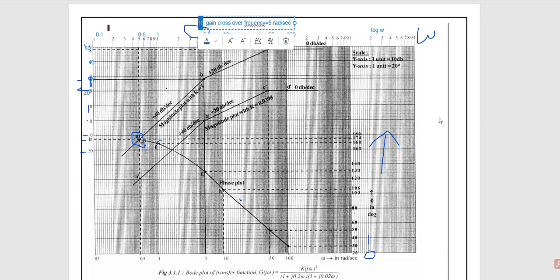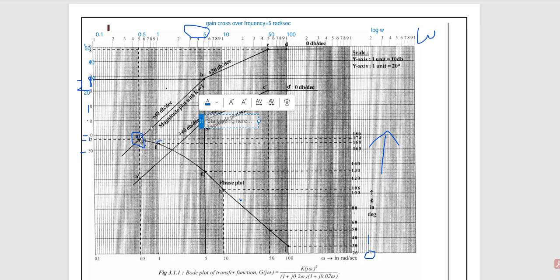For 5 radians it is 28 decibels, so you are reducing 28 minus 28, it will become 0. So you can see here at 0 decibels you are having 5 radians. So the graph should be shifted downwards.